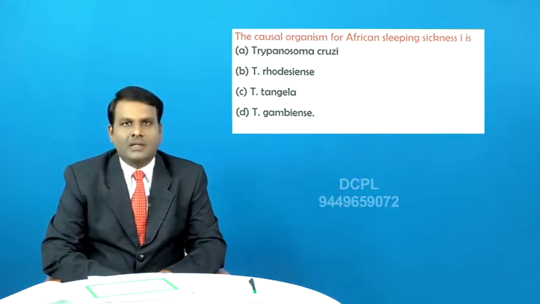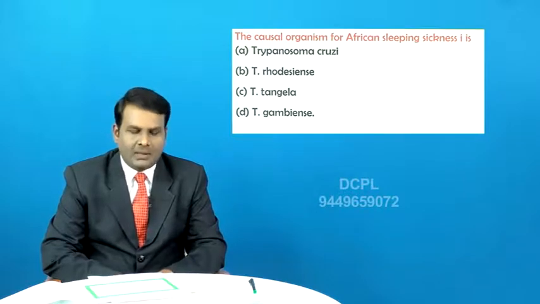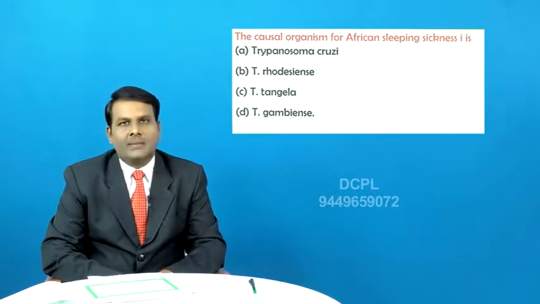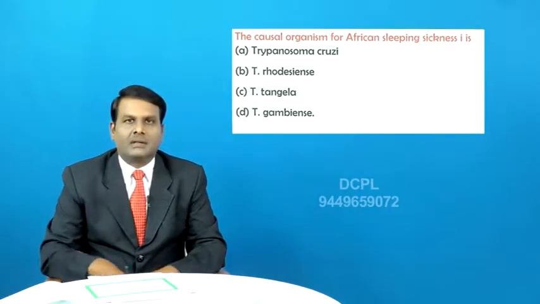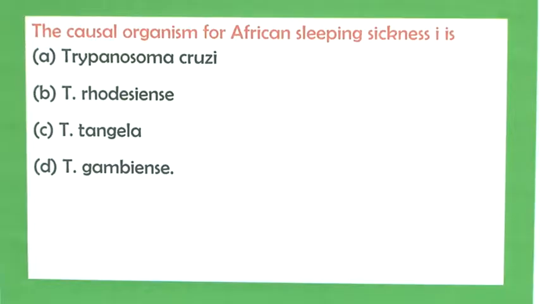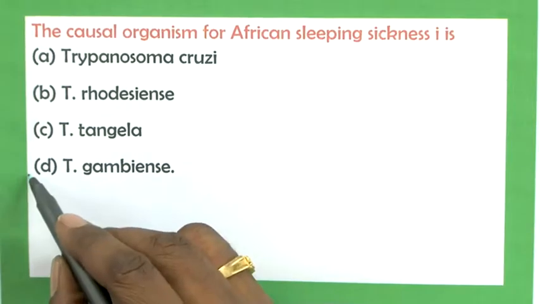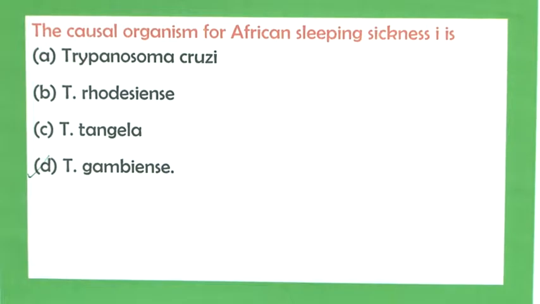To the flagellated protozoans belongs the organism Trypanosoma gambiense. In this question, African sleeping sickness is caused by option D, Trypanosoma gambiense. It is transmitted by the tsetse fly as a vector, and hence the correct option is option D, Trypanosoma gambiense.